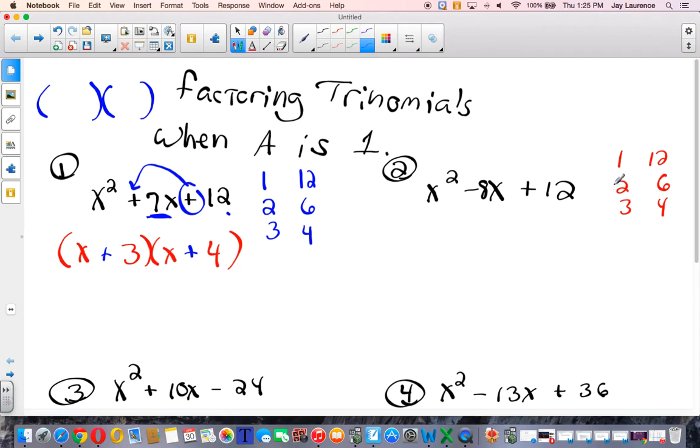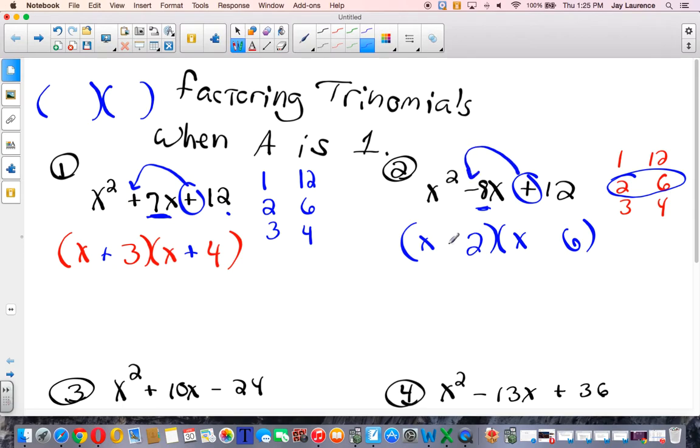I need 2 factors of 12 that add to get 8. And some of you are going, wait, don't we need negative 8? Sure we do. I'm thinking 2 and 6 will work. So I'm going to have an x and an x, and I need my 2 and my 6. Plus in the back, it's the Wendy's double stack. Boom, boom, there we go.